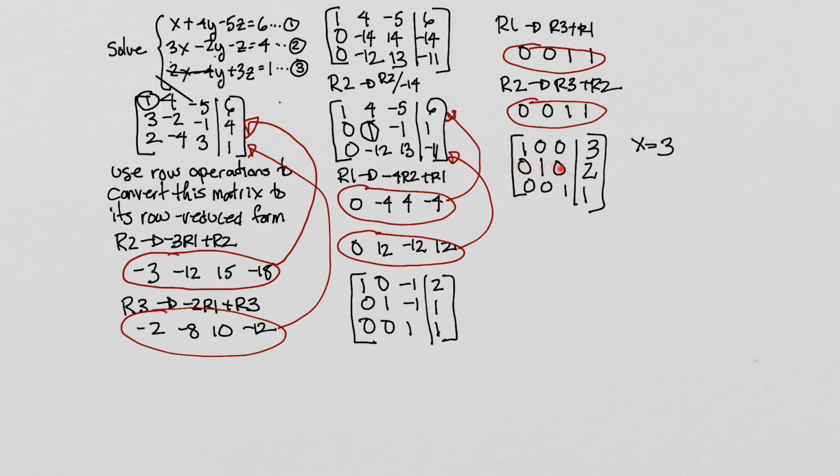From the second row, we'll have no x's, 1 y, no z's is 2. So that gives us that y is equal to 2. And in the third row, we'll have no x's, no y's, but 1 z is equal to 1. So we have z is equal to 1, and there's our solution. And if we write it as an ordered triple, we're just going to get 3, 2, and 1.